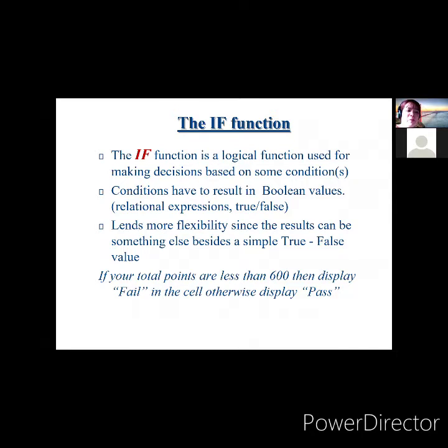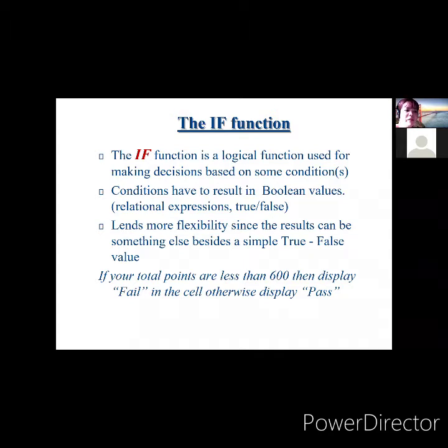Kaya if your total points are less than 600, let's say, nag-test ka ng iyong data, then display fail in the cell, otherwise display pass. So ito yung statement with your IF functions. Kaya yung conditions dapat ang laman nun ay mga relational expressions that can be answerable by false or true.